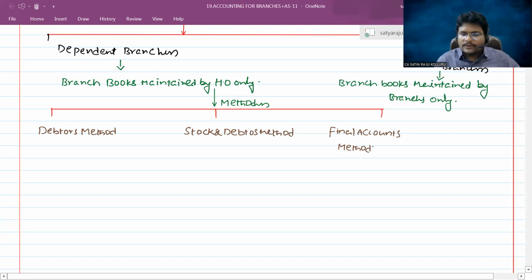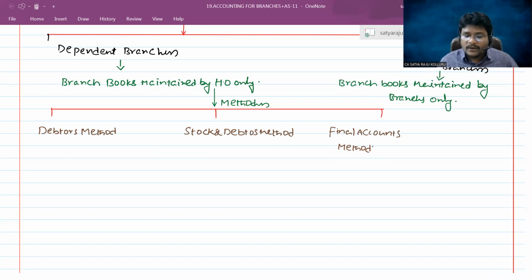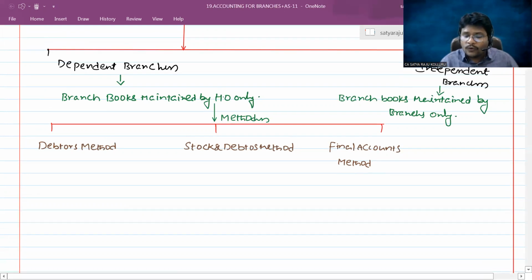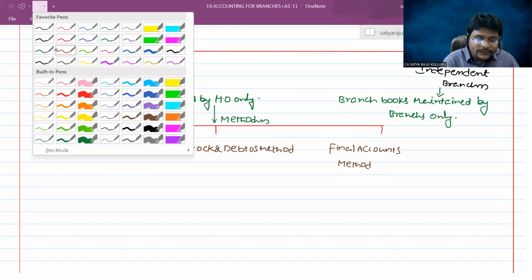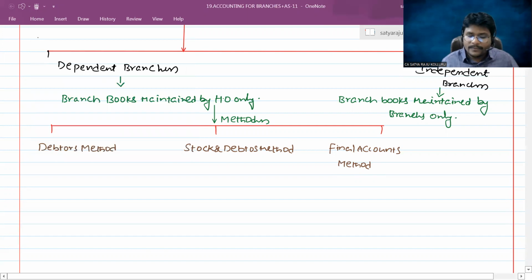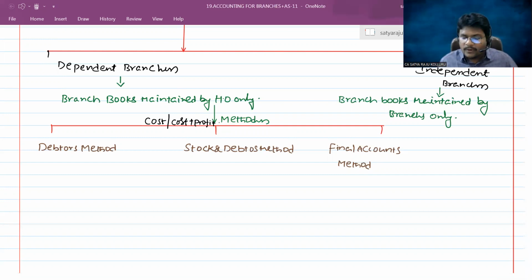Actually, before explaining this, I need to tell one more thing. What is that? These methods are possible only if head office sends goods to the branch at cost or invoice price. If head office sends goods to the branches at cost or at cost plus profit, that is nothing but invoice price, then only these methods are applicable.